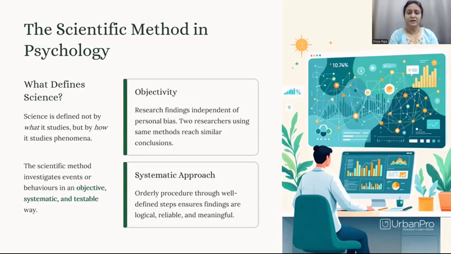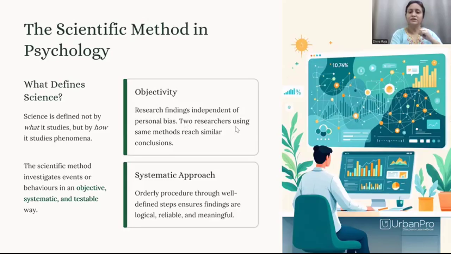Now, what defines science? Science is not defined by what it studies, but it is defined by how it studies phenomena. So, the scientific method investigates events or behaviors in a very objective, systematic, and testable way. Objectivity happens in our research only when the findings of my research are independent of my personal opinion.